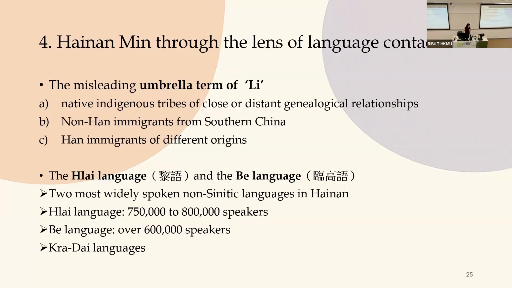As we've mentioned briefly, the Li is heterogeneous in nature, including various indigenous tribes of close or distant genealogical relationship, and also different non-Han immigrants from southern China, or even Han immigrants from different origins. So instead of struggling with the very confusing term Li, for the purpose of our discussion, we'll be regarding the ethnic groups as communities of speakers of the same languages.